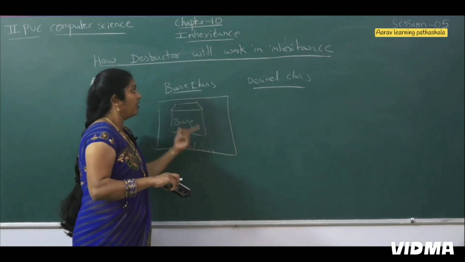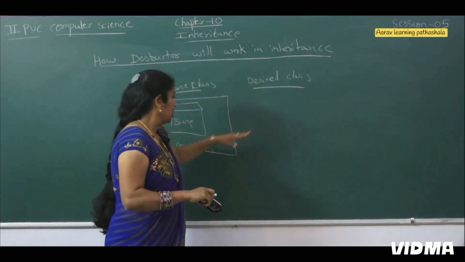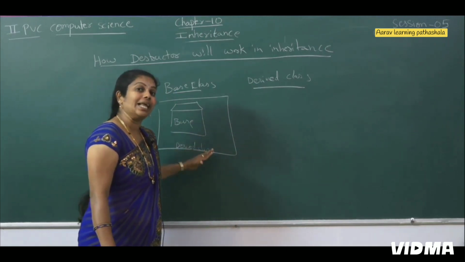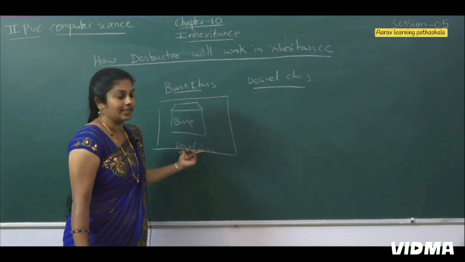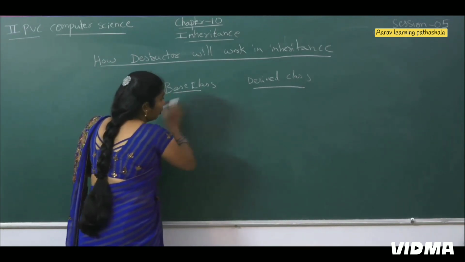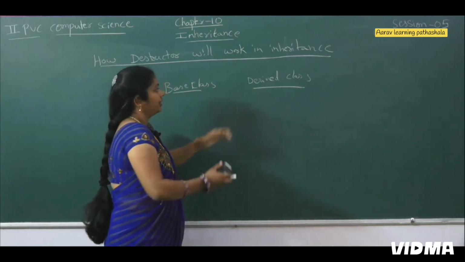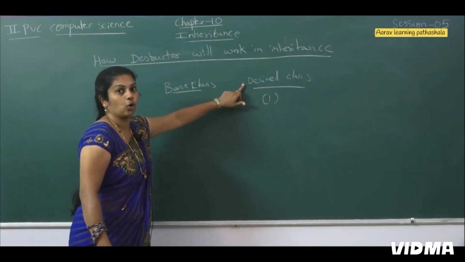It means that when you have a destructor function in inheritance, first the destructor function will execute in the derived class, then later on it will go to the base class. If you have a destructor in both the base class as well as the derived class, then first it will execute in the derived class.